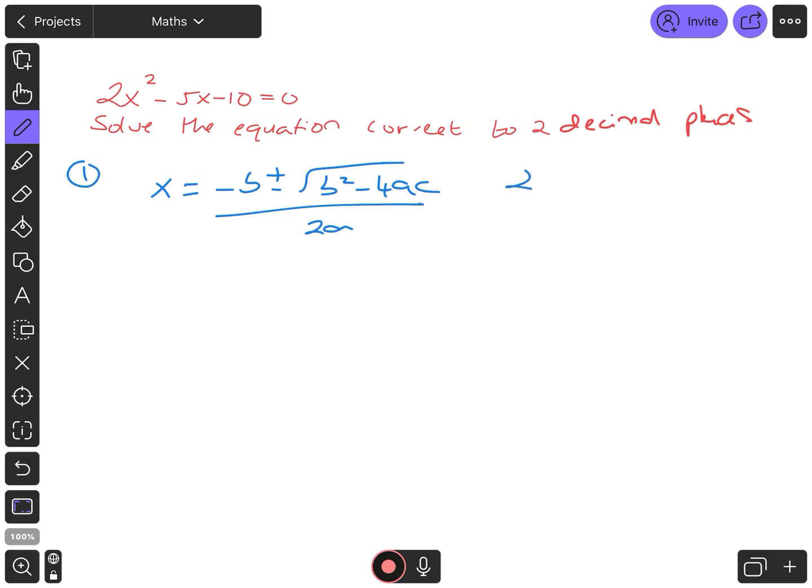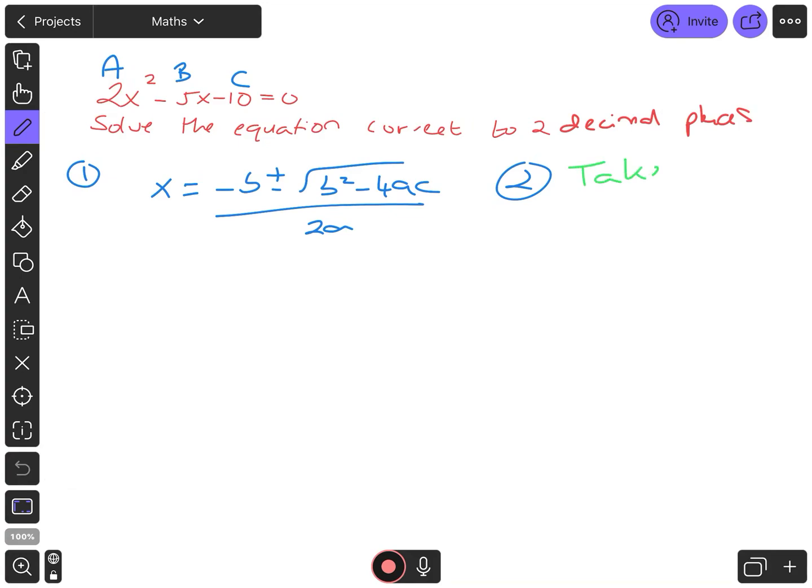Second part then is to write out what a, b, and c is. And we get a, b, and c from this bit here. A is the first one, b is the second, and c is the third. Make sure you take the sign, but don't take the x. So we don't want any x's in here. We're not going to be able to put it in the calculator.